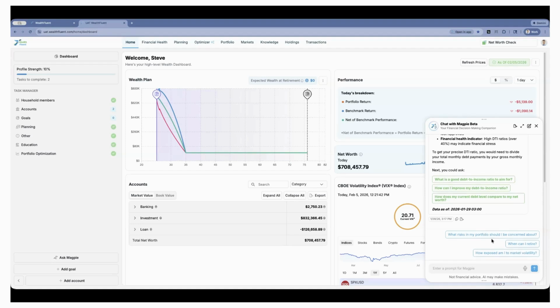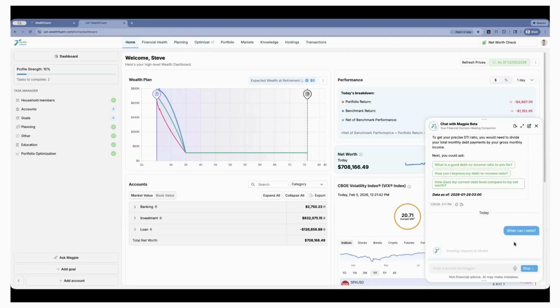But you can ask Magpie anything, and Magpie has a good sense of everything in all of your accounts, your family, your goals, and everything that's in your wealth plan. You can ask, hey, am I on track to retire? All those big questions.